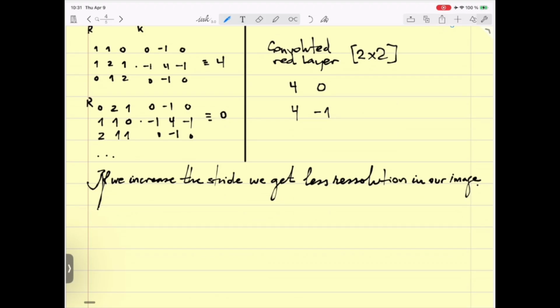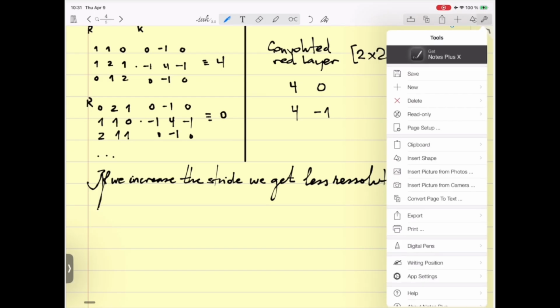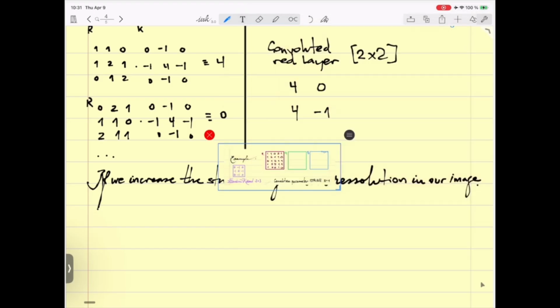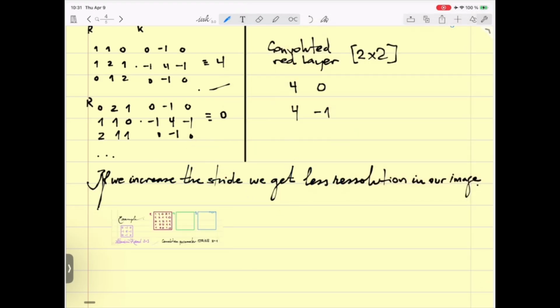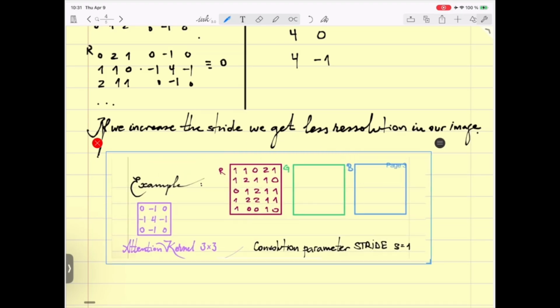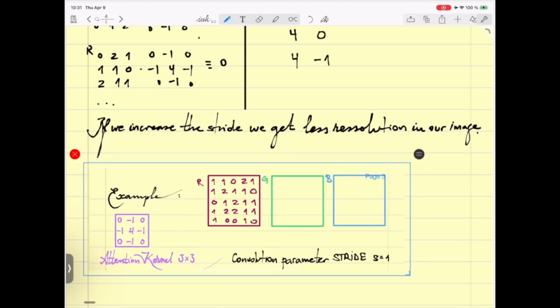Imagine now, thank you, Sami, for your question. Let's see what happens if we say, hey, I want even faster convolution, I want even faster computation, so I'm going to make stride like 3, okay?